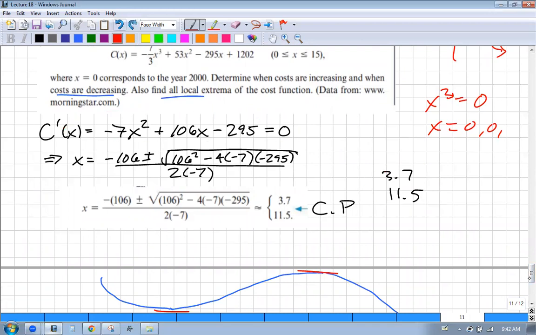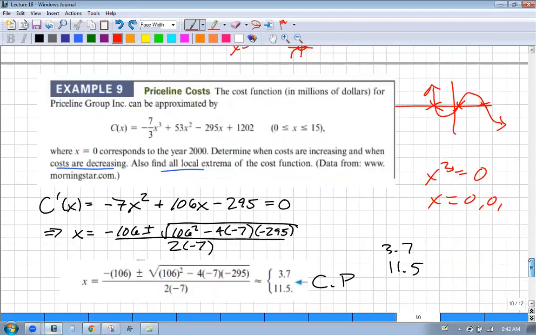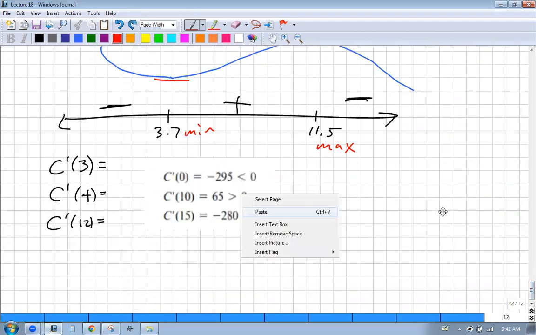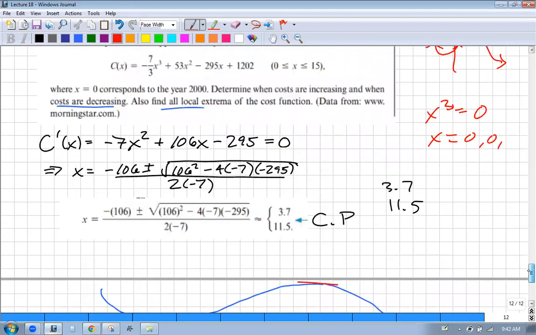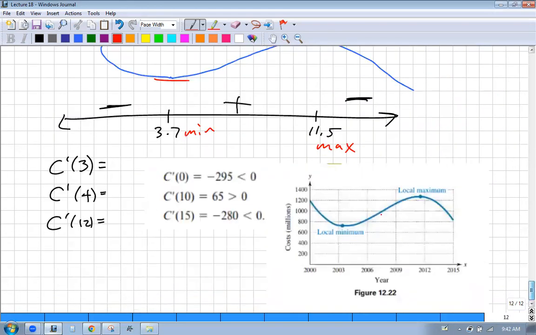So there it is. 3x cubed, right? And I said it looks something like this. There it is. It's been shifted up to the right. Okay. So here are our roots. Local min and local max.